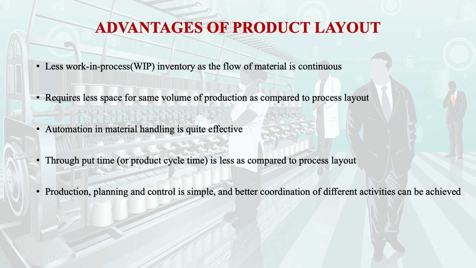Another important thing, since a certain operation is fixed on each machine, we require a less skilled level of worker because most of the machines are general purpose machines and the worker skill level required is very low. There is a smooth and continuous flow of material.